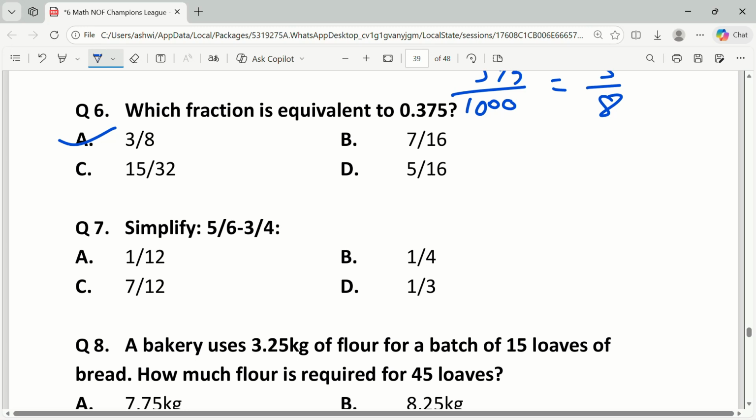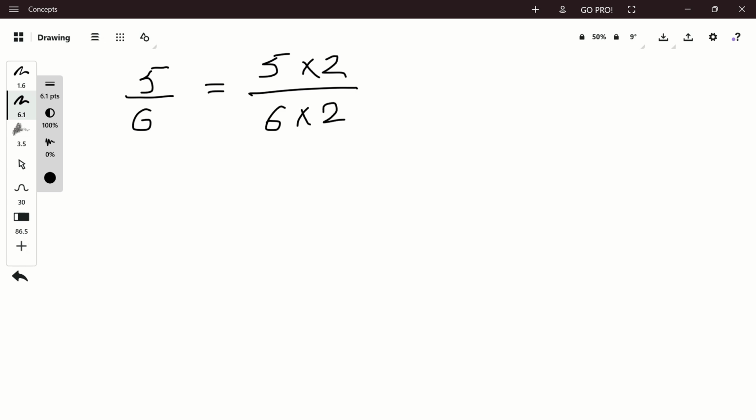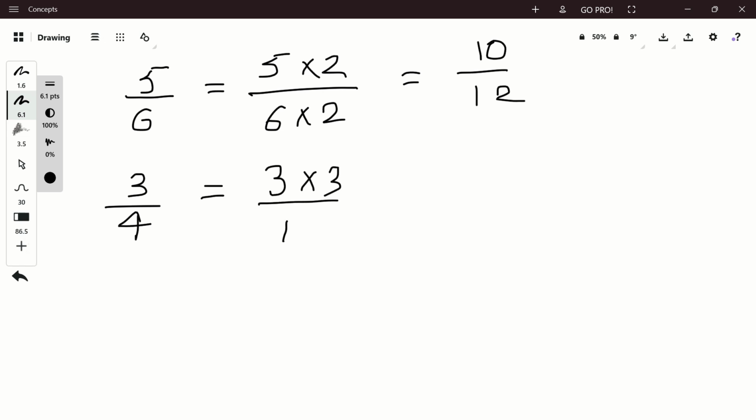Simplify 5 upon 6 minus 3 upon 4. The LCM of 6 and 4 is 12. Converting the fractions to have common denominators, we have 5 by 6 equal to 5 into 2 upon 6 into 2, which is equal to 10 by 12, and 3 by 4 is equal to 3 into 3 upon 4 into 3, which is equal to 9 by 12.